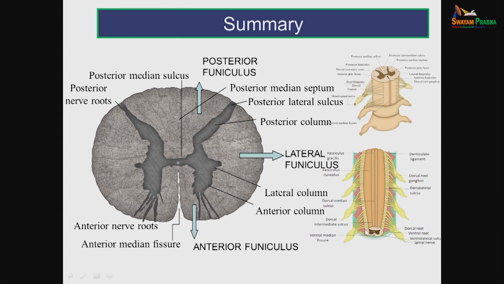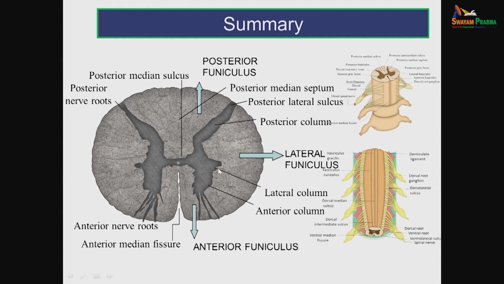And on the posterior aspect, we studied a posterior median sulcus, a pair of posterior intermediate sulci, and a pair of posterolateral sulci. So posterolateral sulci is where your dorsal roots are emerging, and your anterolateral sulci is where your ventral roots are emerging. So these are the external sulci and fissures which are present in the cord.